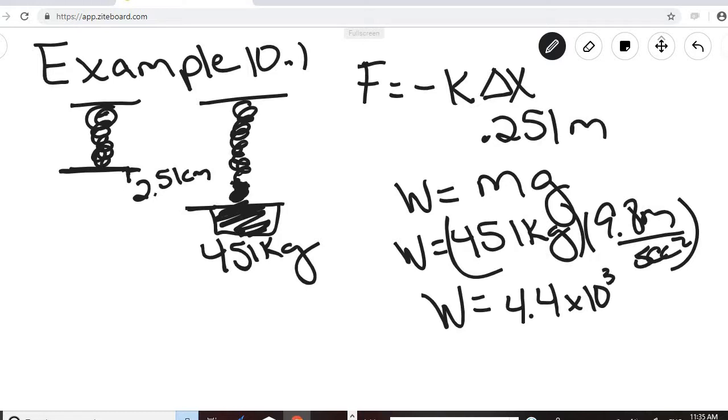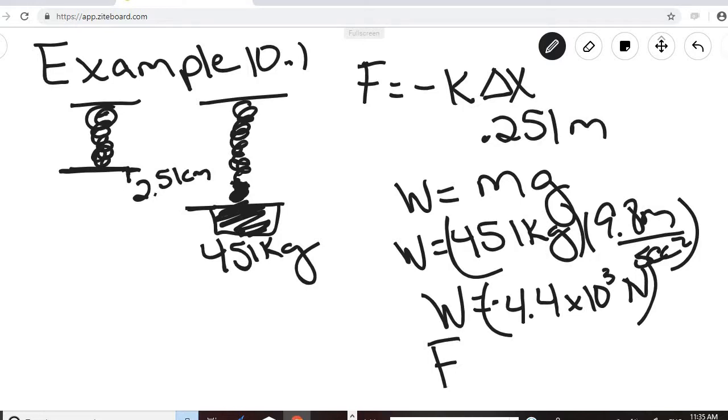Okay, now here's an important point. The force of gravity is downward, right? It's pulling downward, and so this weight would be negative. So then what does that tell us about the restoring force? Remember that the restoring force is always opposite the direction of the displacement, and that displacement is due to the force of gravity.